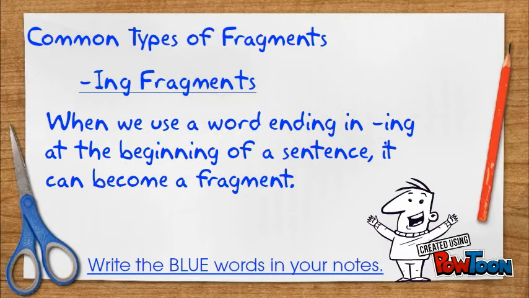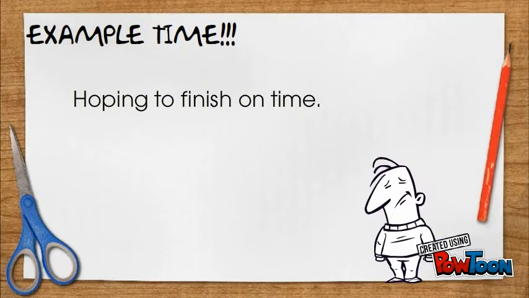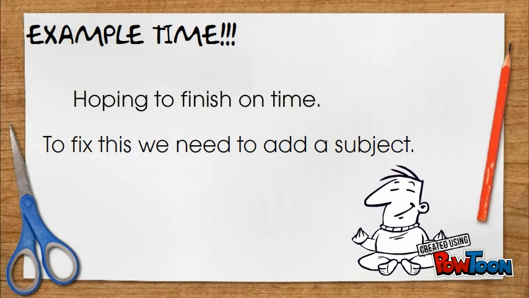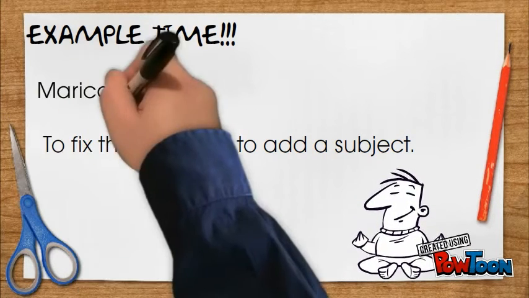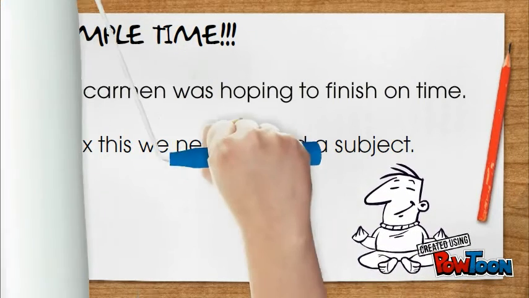This is when we use a word ending in ing at the beginning of a sentence, causing it to become a fragment. For example, hoping to finish on time. How do we fix them? Well, we add our subject, Mari Carmen, a linking verb, was, and the rest, hoping to finish on time.